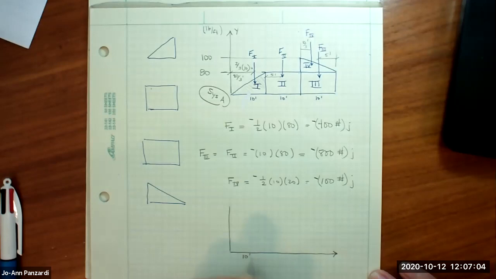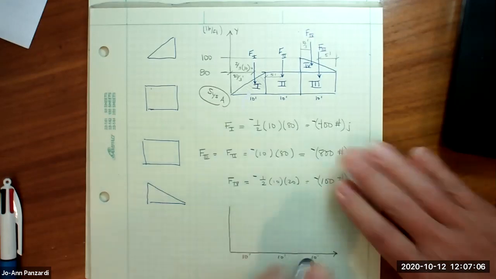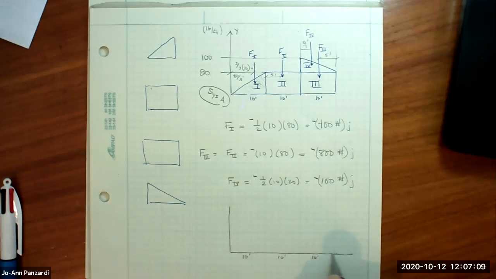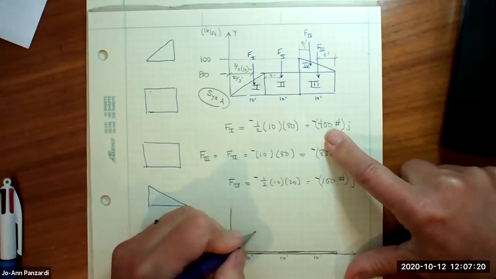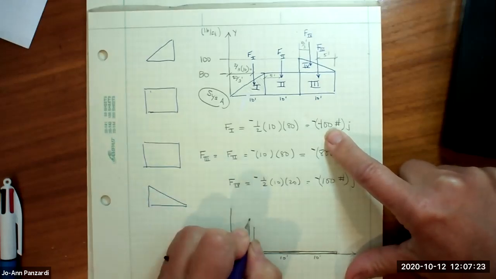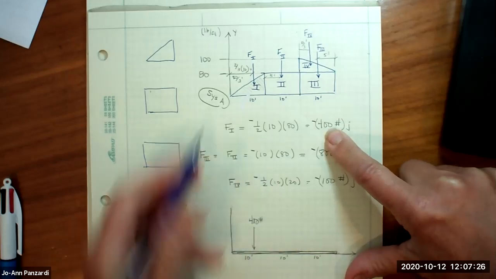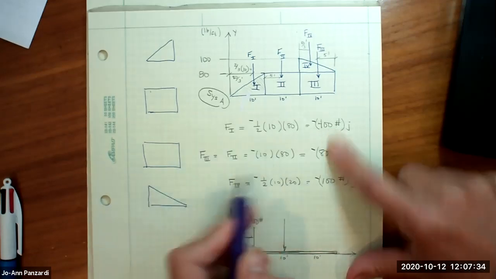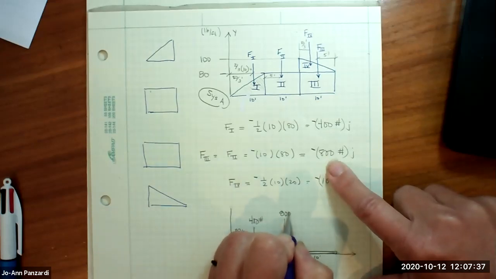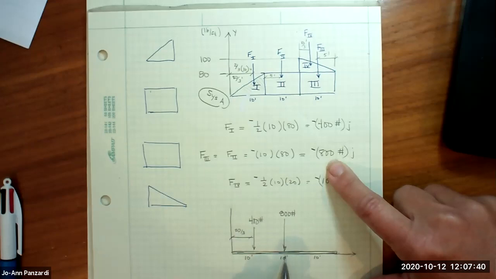And this is 10 feet, 10 feet, 10 feet. Here's my beam. And I basically have 400 pounds at 20 divided by 3. I have F2, which is 800 pounds. And let me draw the distances down here.